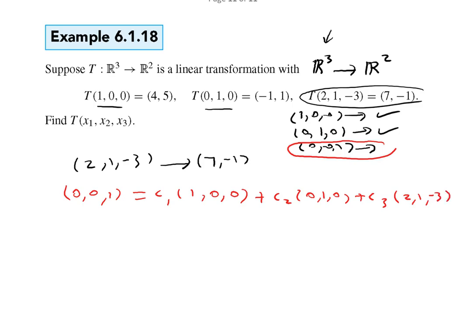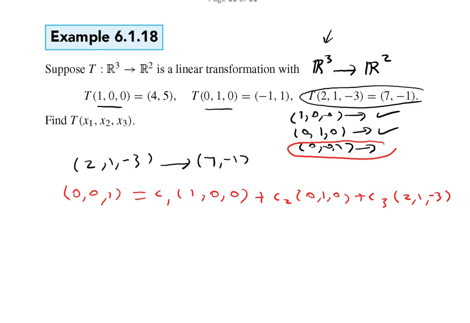With algebra, solving for C1, C2, C3 using matrices, using linear combination, we end up with the following. That C1 is 2/3, C2 is 1/3, and C3 is negative 1/3.